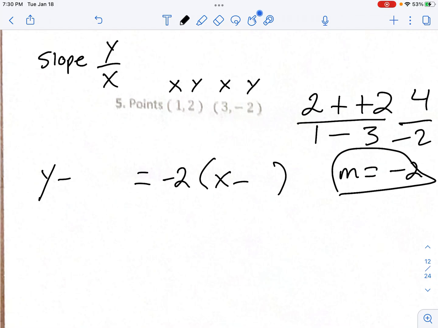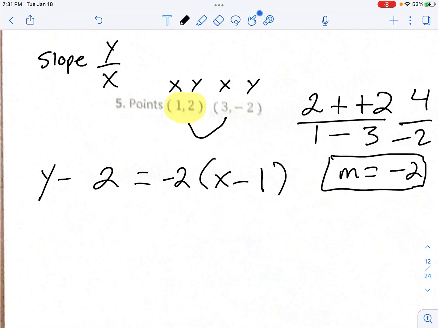Now, when you're given 2 points, you actually get to choose between the 2. Me personally, I generally always try to avoid the negatives. So I'm going with that one right there. So x by the x, y by the y. I've already put my slope in the middle. Okay, that was this right here. M is actually slope.